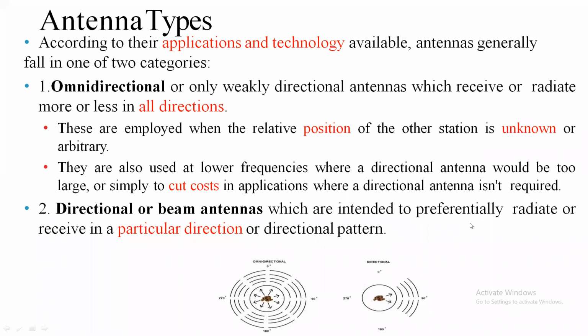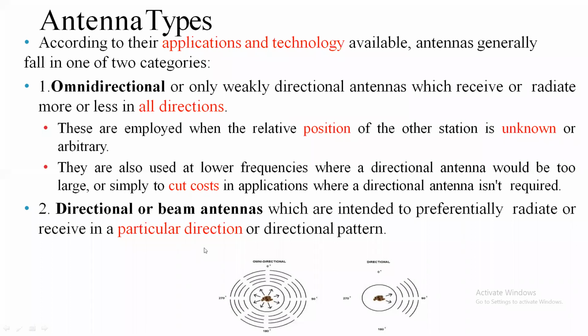That means where the signal has to be transmitted or received in a particular direction, then we use directional antennas. Whereas where we are not sure about the direction, we use omnidirectional antennas.